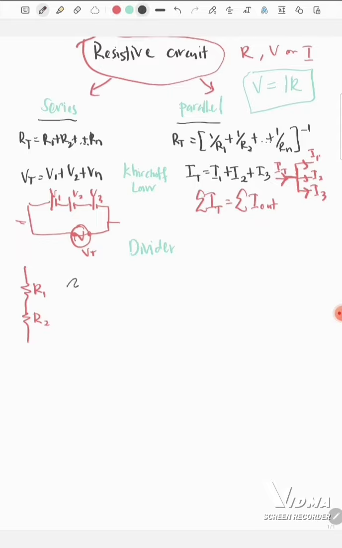So the formula would be VR1 equal to R1 over the total resistance inside this loop. Okay, so here we can say that it's only R1 and R2, and multiply by the total voltage across here. Okay, VT, I can say it's above, between R1 and R2.